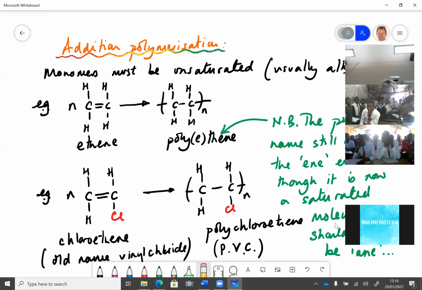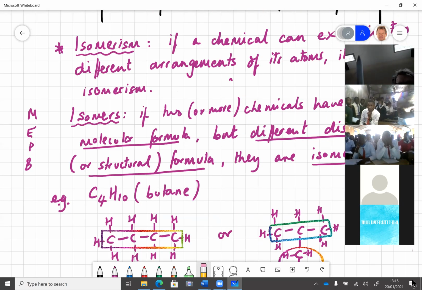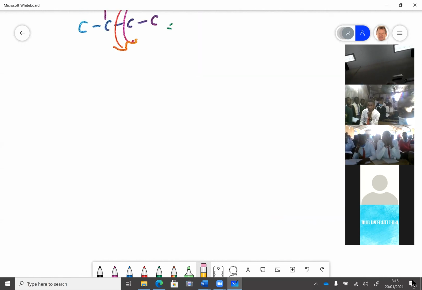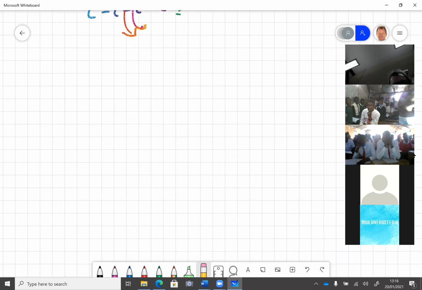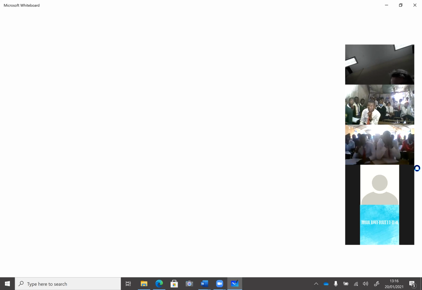Can you see a lot of stuff which says addition polymerization at the top? Yes. Great. Okay, forget that. Very clear. Okay, right. Let's see if we can use this. Oh, I just lost you completely. Oh, there we are.